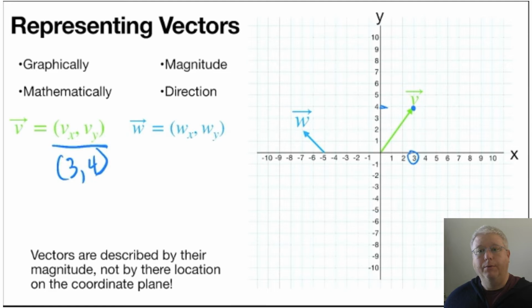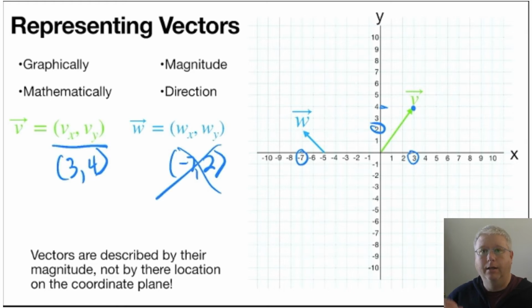All right? So if we look at the magnitude of w, though, its magnitude is not minus 7, 2. All right? That is not its magnitude. Magnitude is not the same thing as its position on the coordinate plane. Magnitude is just the size of the arrow.